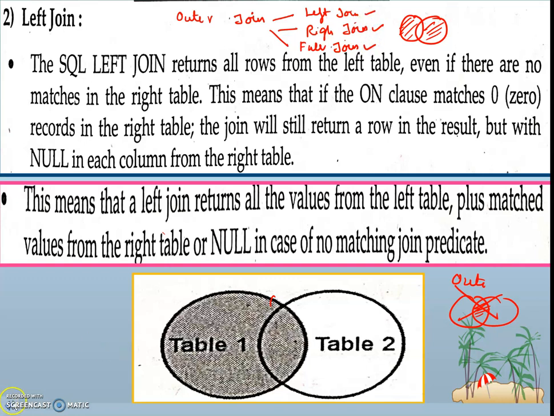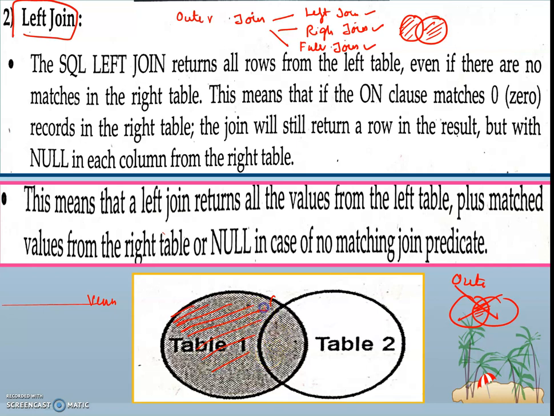First, the left join concept in the outer join. The name itself says left join. So what is it going to return? Observe the Venn diagram over here. It is going to give me the output which is present outside table 2, that means which is uncommon for table 2.